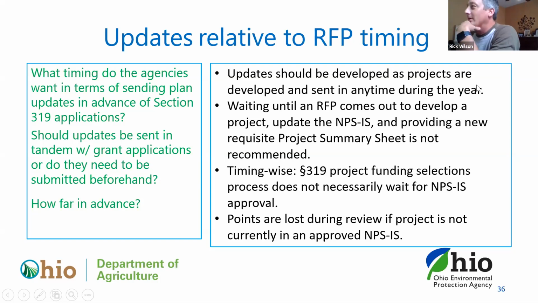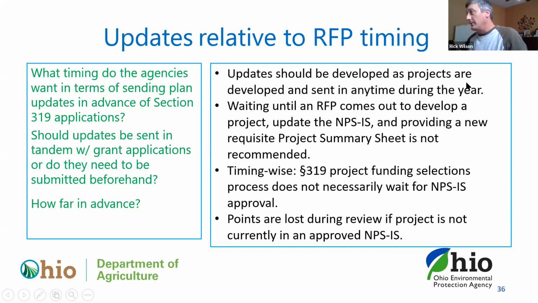we also can schedule once or twice a year, maybe the team gets together to review these in the absence of RFP timing. But with that said, there's an RFP coming out from Ohio EPA probably in mid to late October, the next round. We do have a lot of new nine-element plans that have been approved this year.